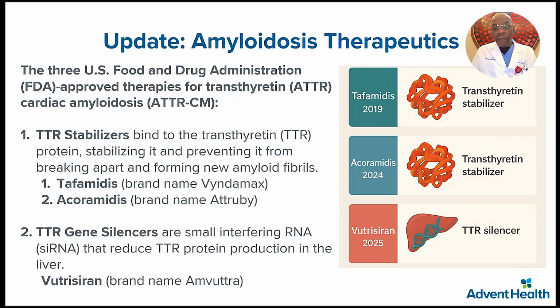The newest is vutrisiran, which was approved in 2025. This is different from the other two and is a small interfering RNA that reduces TTR production in the liver. And vutrisiran can be used not only for cardiac amyloidosis, but has been used for peripheral neuropathy-related amyloidosis for many years.